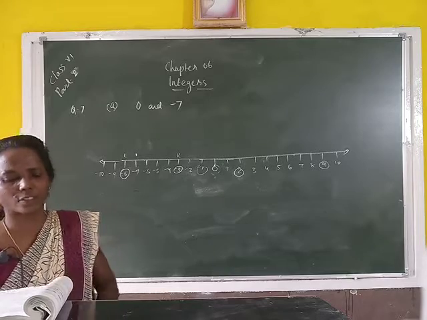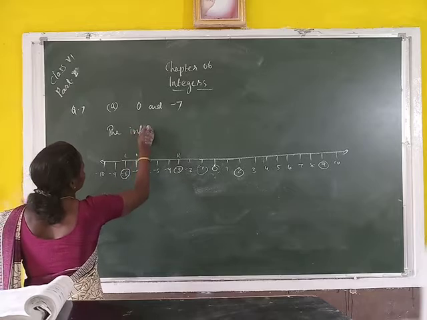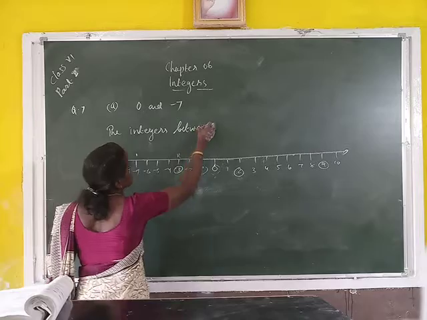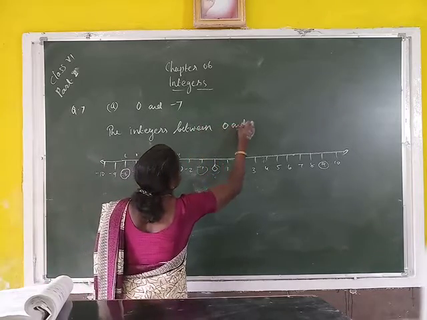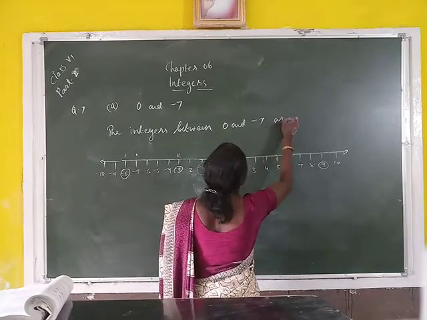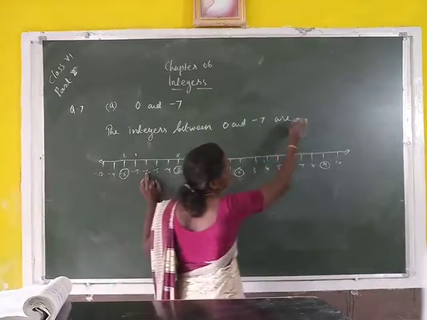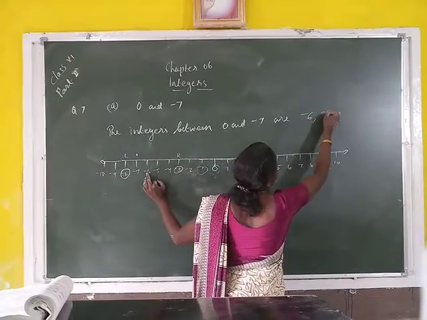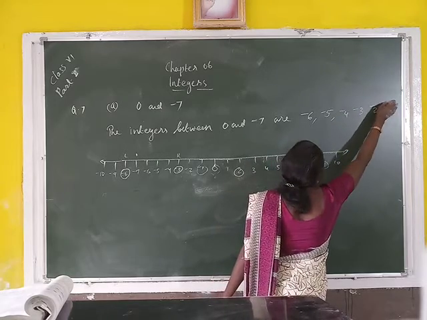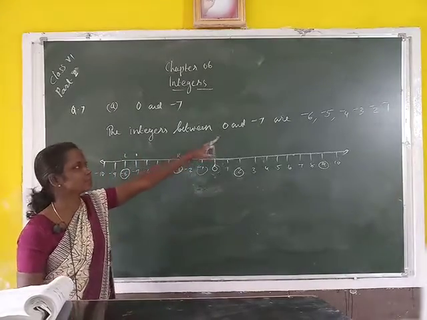The integers between 0 and negative 7 are written in increasing order, so we start from the smallest number: negative 6, negative 5, negative 4, negative 3, negative 2, negative 1. So its answer is this.